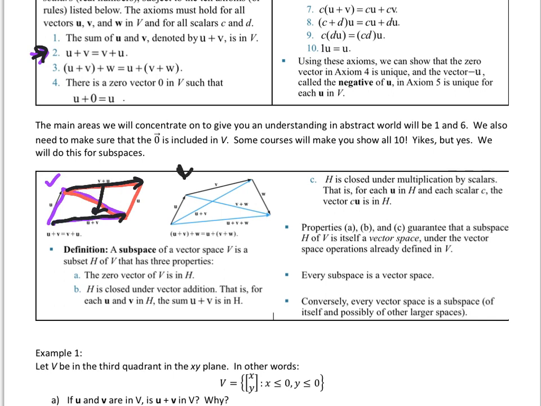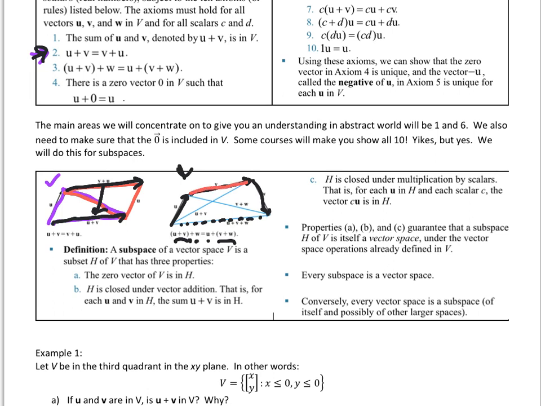This one here is the associative property, and so we have u plus v, plus w, is the same thing as u plus v plus w. See if you can work that out in your head, but I'll also show it. u plus v, I'll do that first, and then I go plus w. What do I end up with? I end up with this one right here. Now what if I instead did the v plus w first?